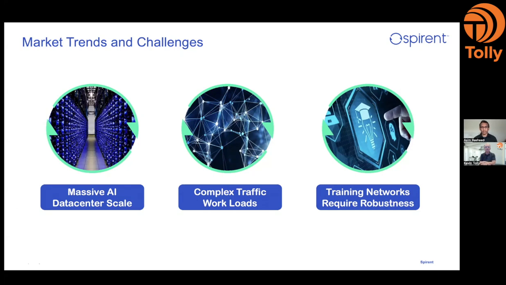And next, as the networks are used by the large models during their training, the networks have to be really robust. So that is another element of the testing that needs to be focused on, how robust your network is, because of the massive scale and very complex traffic workloads.